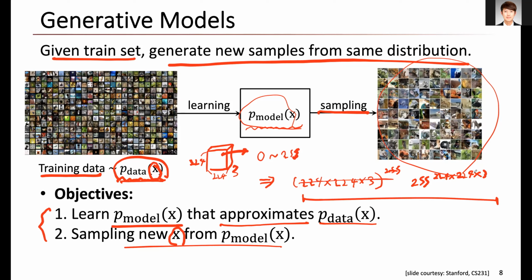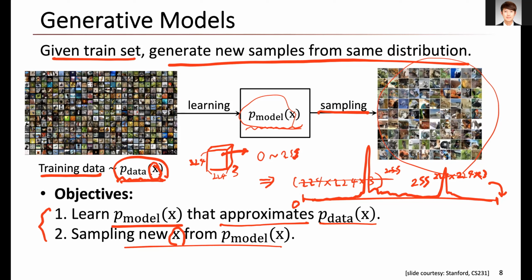Infinitely many cases. So when you think of the whole possible images, it's going to be 256 to the power of 24 by 24 by 3. So in many cases, the real data distribution maybe looks like this. It's going to be really sparse.